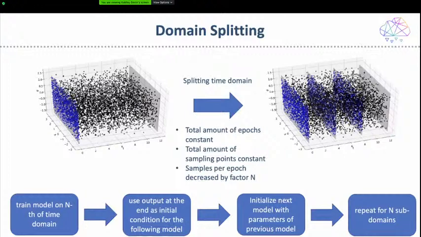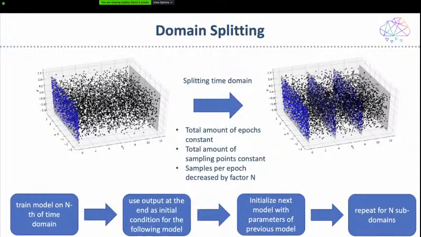Okay, but how does this work? They don't optimize all these networks at once, but one after the other. They first use the initial condition and the collocation points in the first domain to optimize the first network.